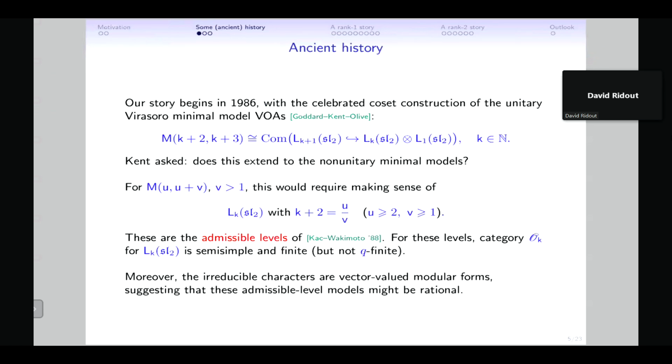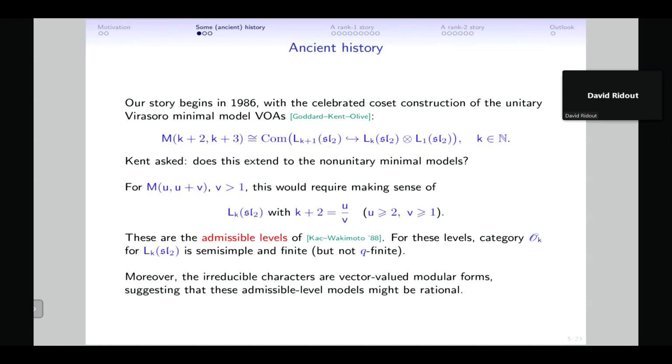It's called the coset construction, but what they did was say, look, we can take the tensor product of an affine VOA for SL2 at level K, tensored with the level 1 version of the same thing, and inside it, there's a diagonal embedding of the level K plus 1 affine VOA.